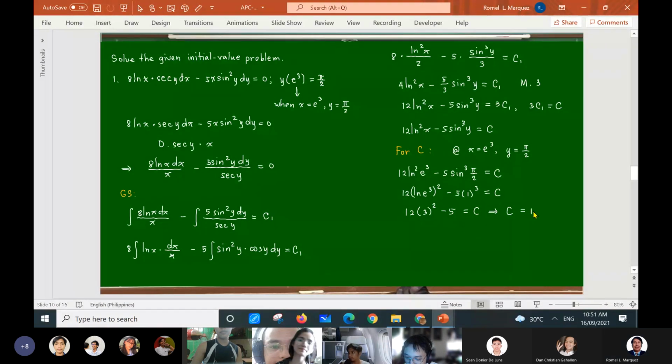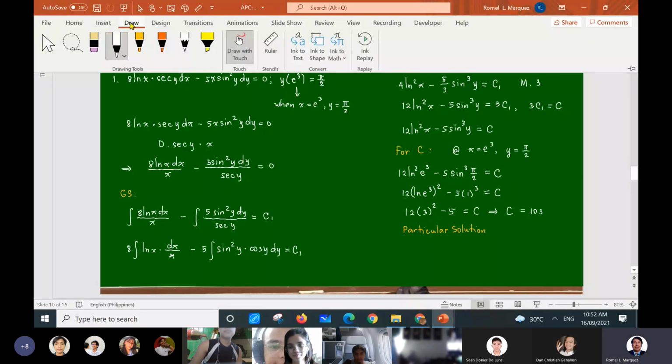103. Finally, we now have the particular solution. This is what we are looking for, the solution to this initial value problem. What is the particular solution?